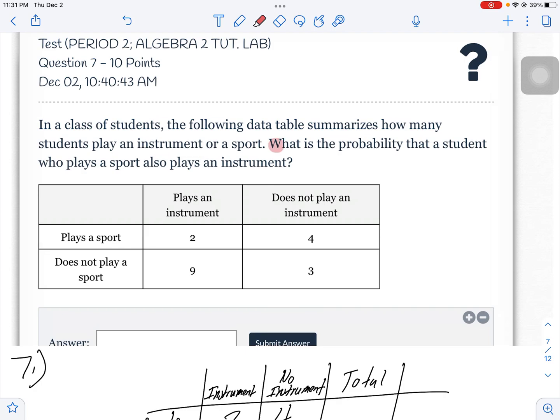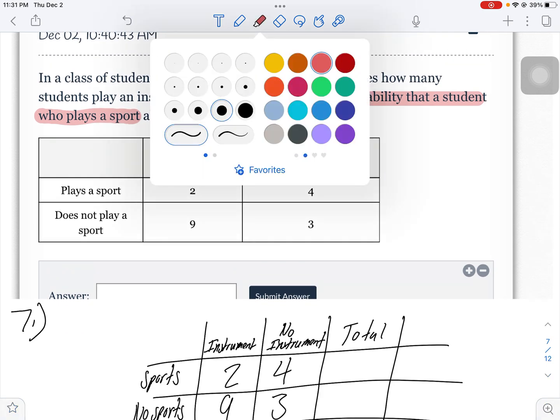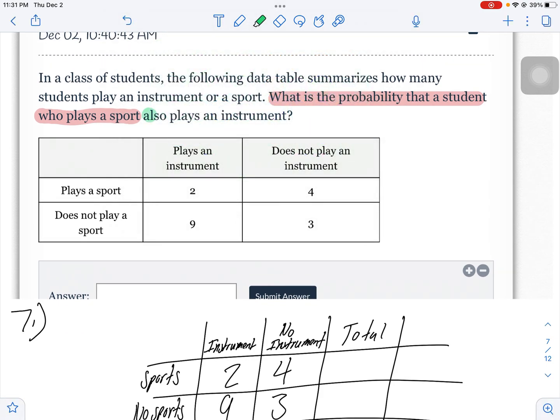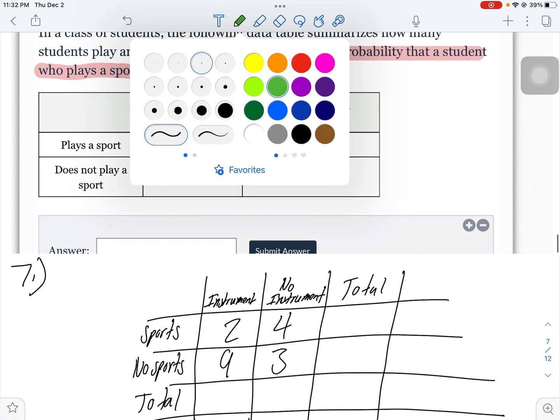So it says, what is the probability that a student who plays a sport also plays an instrument? Okay, so let's take a look. Let's fill in our data.